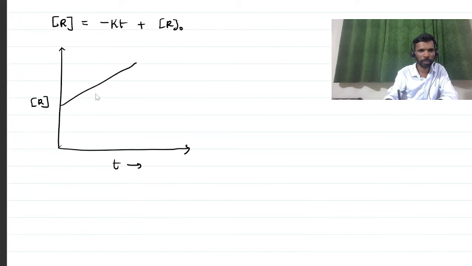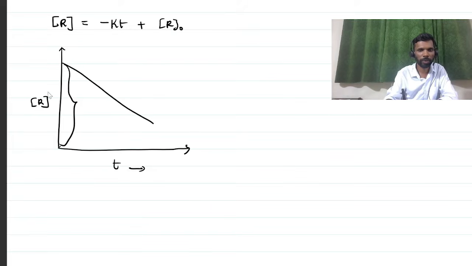The y-intercept is R0, the maximum value of R, and the slope is negative, which is minus K.